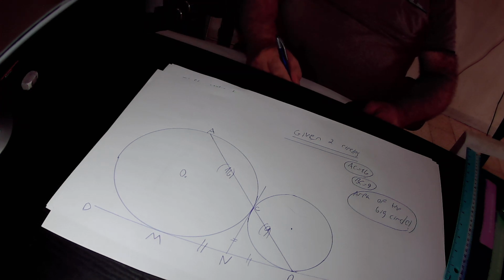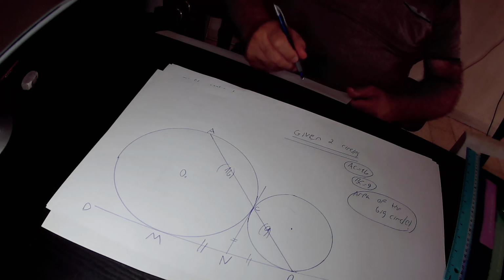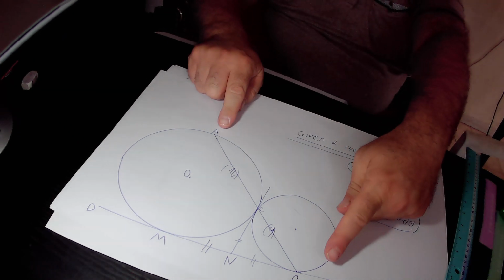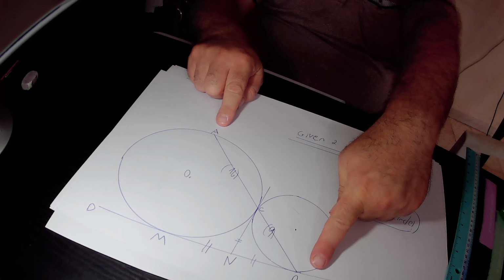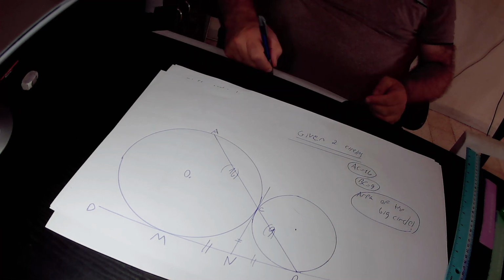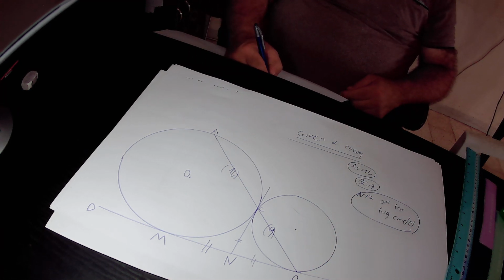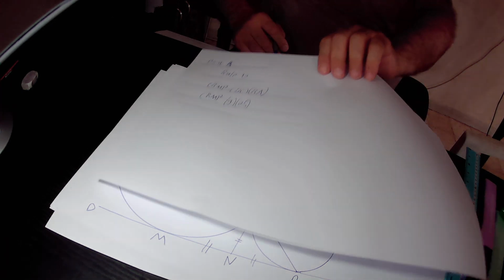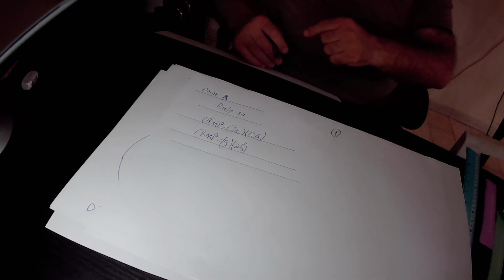So BM square, according to rule 10, equals BC. BC is 9 times BA. BA in total equals 16 plus 9, that is 25. So in total, according to rule 10, we have found out that BM square equals 9 times 25.